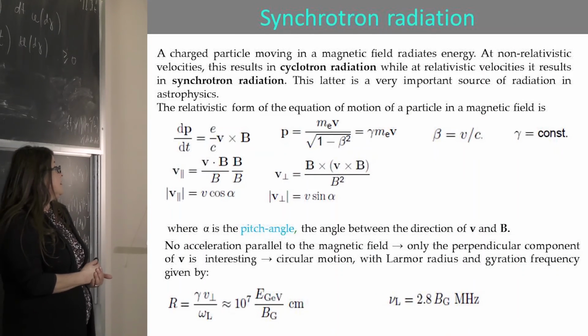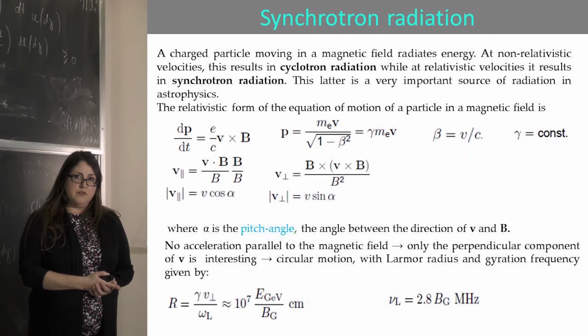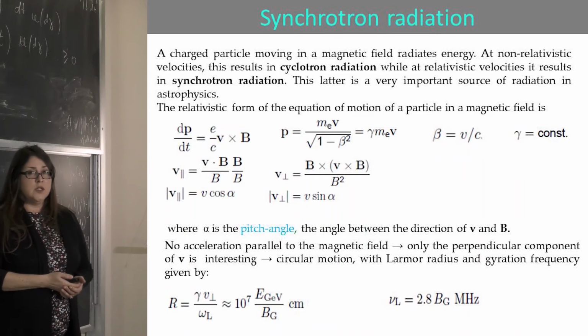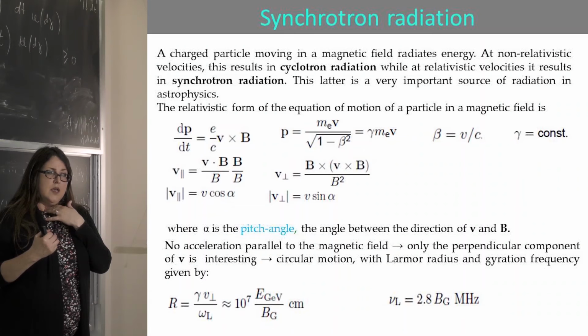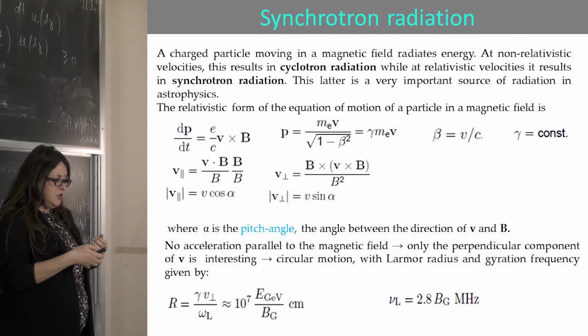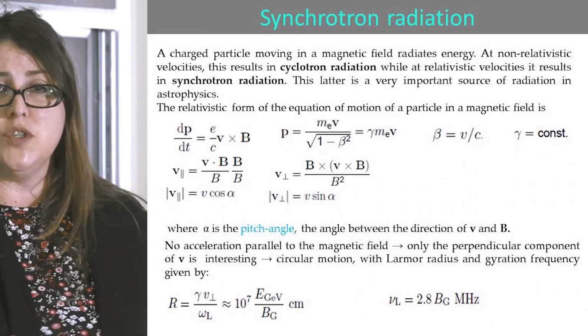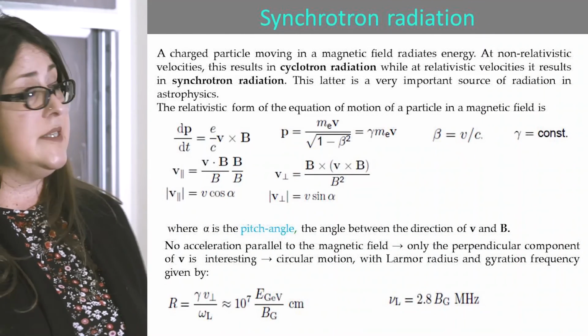We calculate the components of the velocity of the particle parallel to the line of forces of the magnetic field and perpendicular to it. And we see that the magnetic field is inducing in the particle an acceleration which is only perpendicular to the magnetic field itself.